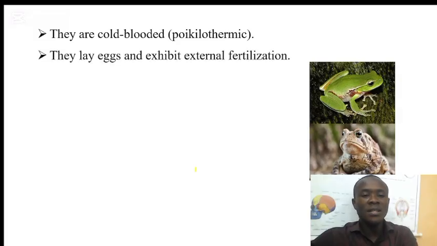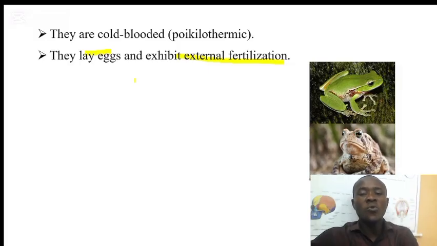The next characteristic is that they lay eggs and exhibit external fertilization. Animals that lay eggs are called oviparous animals. And we said they exhibit external fertilization. Fertilization is the fusion of the nucleus of the male gamete and the nucleus of the female gamete to form a zygote.